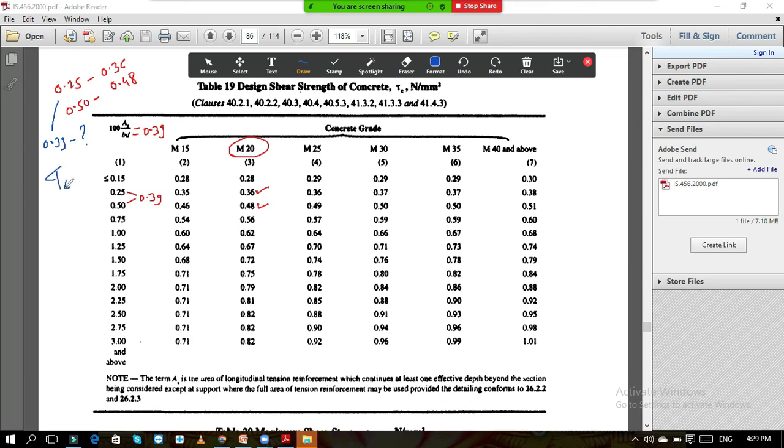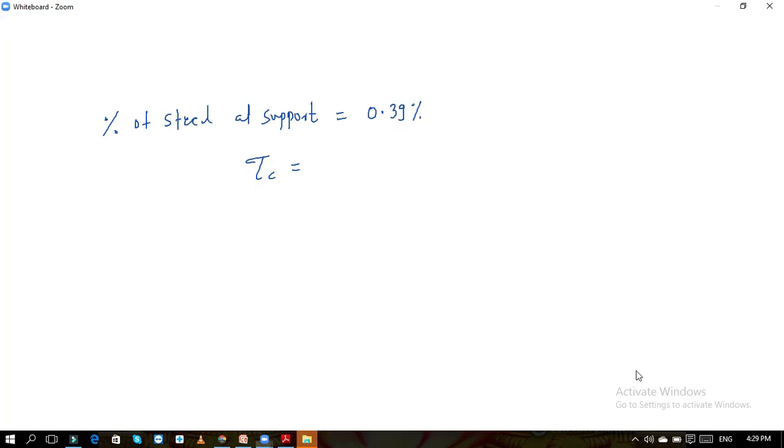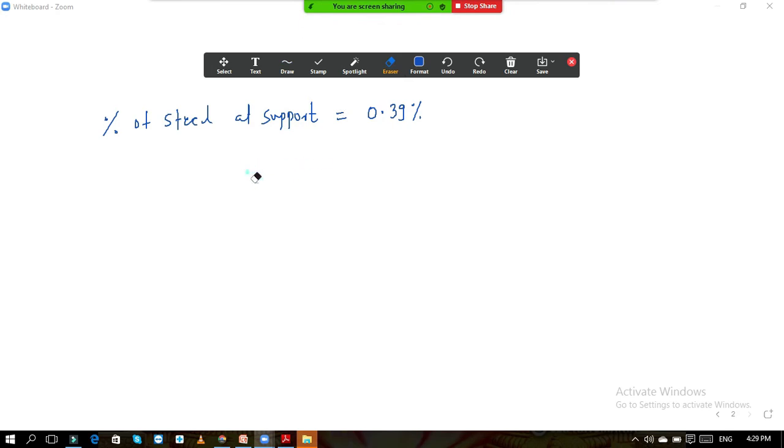Here your value of tau c will be 0.43 Newton per mm square as per my calculation. Okay, so now we will move to the whiteboard. Here tau c is equal to, or I will write something over here first.